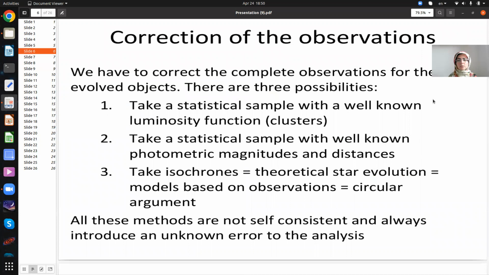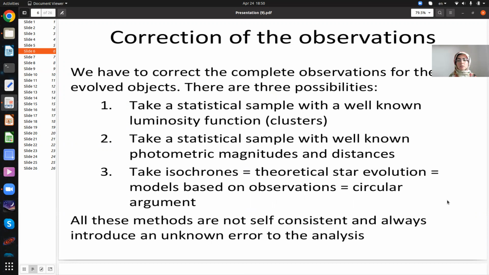Correction of the observations. We have to correct the complete observations for the evolved objects. There are three possibilities. One: take a statistical sample with a well-known luminosity function, clusters. Two: take a statistical sample with well-known photometric magnitudes and distances.